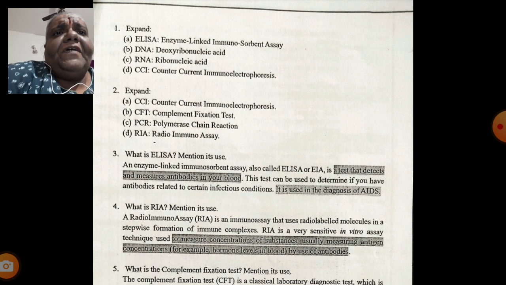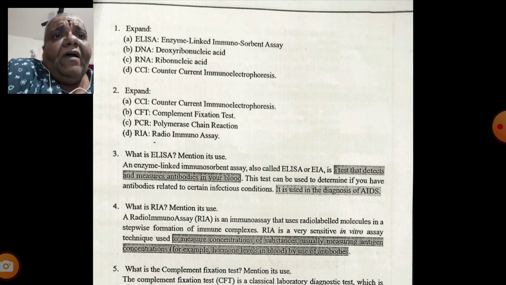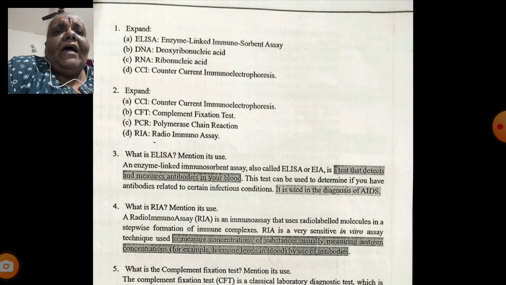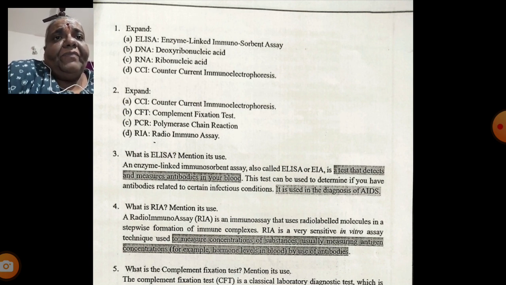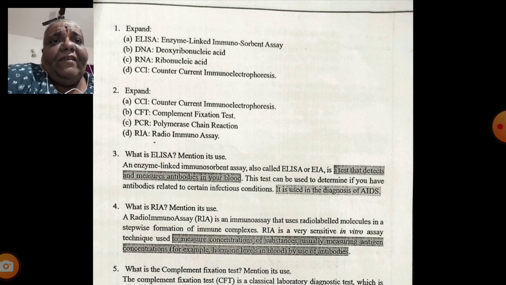In most of us, DNA is the genomic material or hereditary material, or what you call genes, but in a few organisms, RNA also happens to be genomic material. Then the epithet CCI, sub-question D, stands for counter current immunoelectrophoresis.